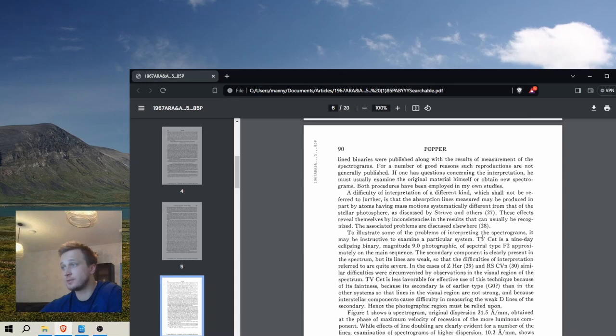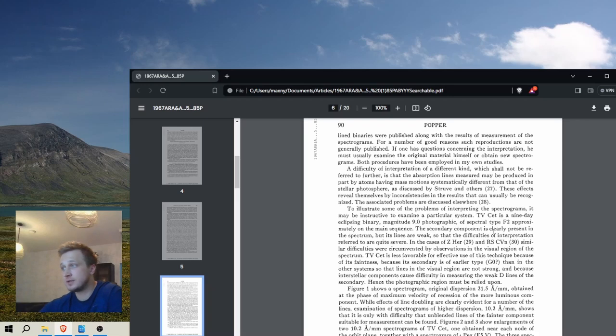To illustrate some of the problems of interpreting the spectrograms, it may be instructive to examine a particular system. TV Set is a 9-day eclipsing binary, magnitude 9.0 photographic, spectral type F2, approximately on the main sequence.